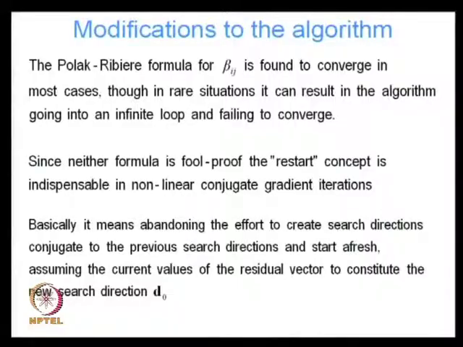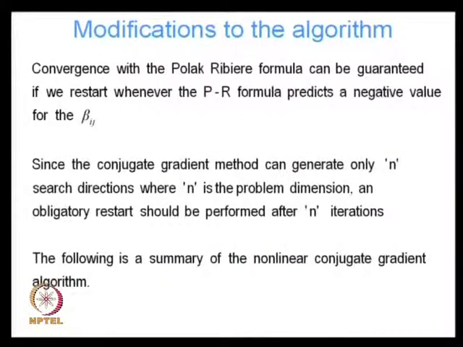How do I restart? I calculate the current value of the residual and set it equal to the search direction, like I did when I started my conjugate gradient, and then I start the iteration again. Basically it means abandoning the effort to create search directions conjugate to the previous search directions and starting afresh, assuming the current residual vector to constitute the new search direction D0.